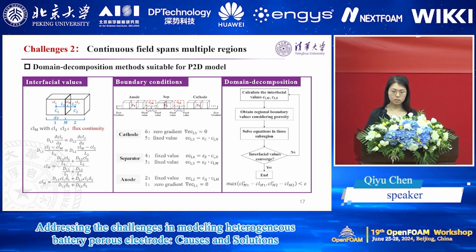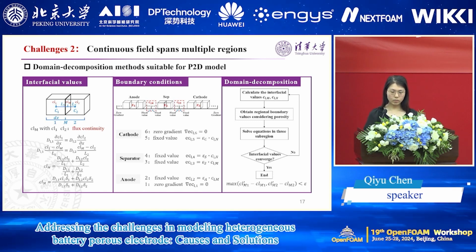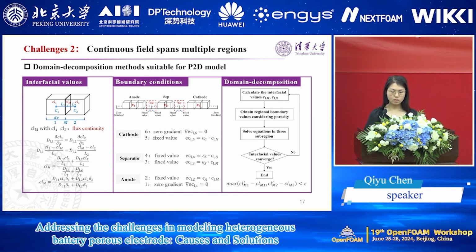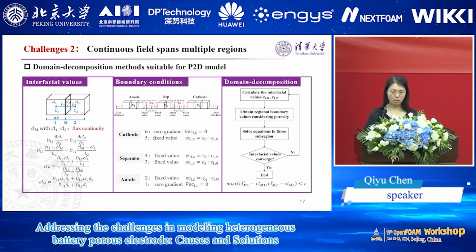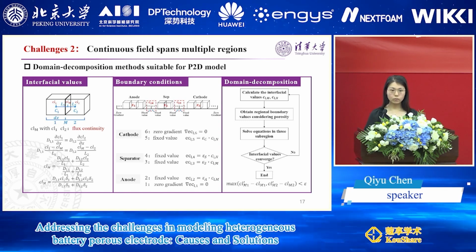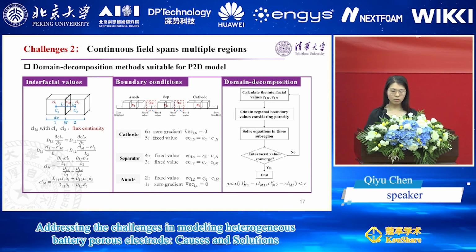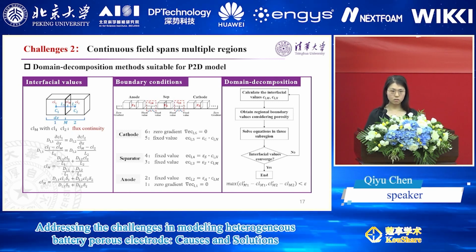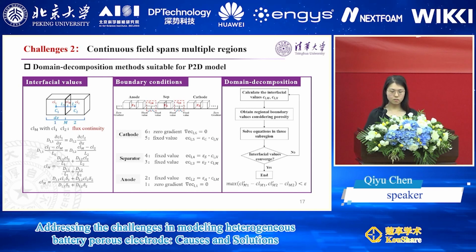As shown in the figure, the interfaces are very simple. At the current collectors of both anode and cathode, zero gradient boundary conditions are applied since there is no lithium-ion flux at these points.